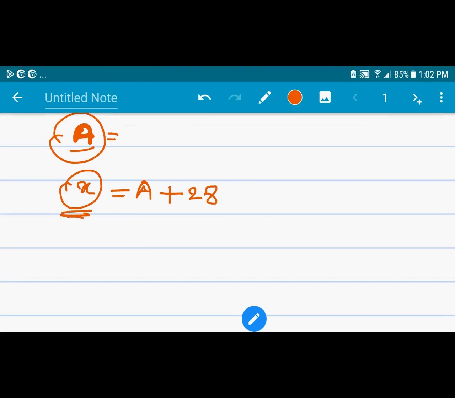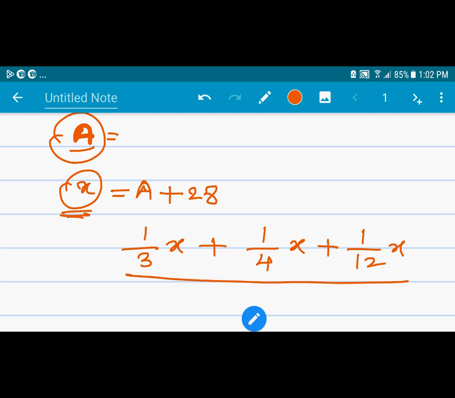If x is the number, its 1/3 is 1 by 3x, its quarter is 1 by 4x and its 1/12 is 1 by 12x, and the average means divide by 3. Now this is average A.